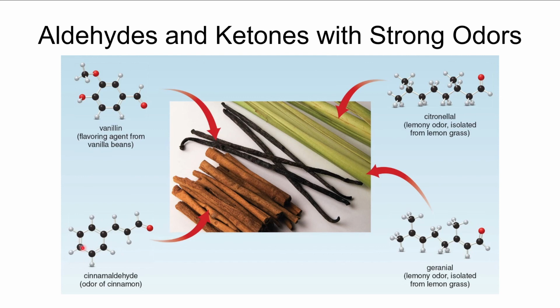Cinnamaldehyde, here's the structure. It's got an aldehyde here, a carbon-carbon double bond, and then the benzene ring. It gives you that particular odor of cinnamon that you're familiar with, and it comes from cinnamon bark. In our labs, we do an experiment where we take cinnamon bark, break it up into really small pieces, and heat it up in water to do a steam distillation.